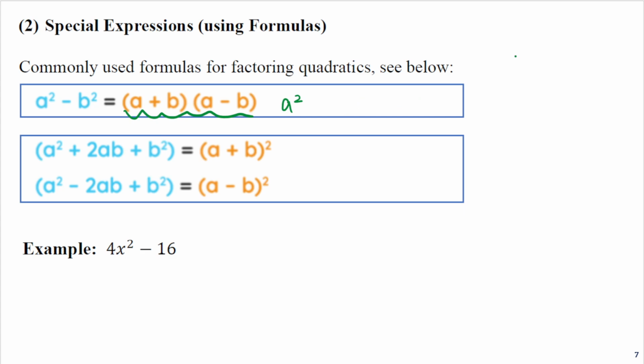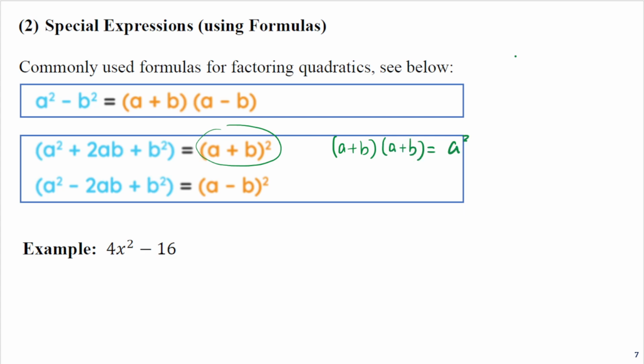So when you have a squared minus b squared, you can always factorize it to a plus b times a minus b. And secondly, when you have a squared plus 2ab plus b squared, this can be written as a plus b squared. Again, because when you expand the right side, it's basically a plus b times a plus b.